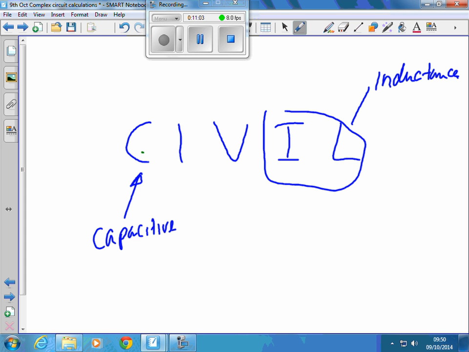And that's another little way to understand whether the result you get is correct. If you know which one of those is bigger, which has the bigger reactance, am I getting a result that complies with CIVIL? So that word is really handy.